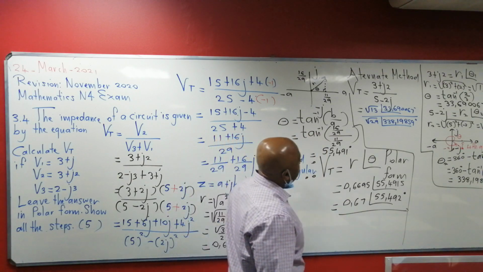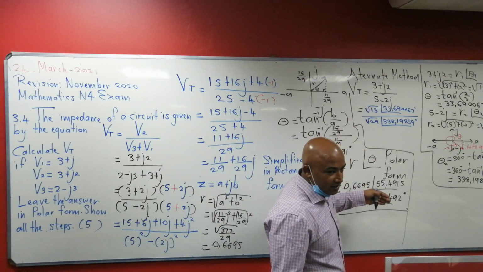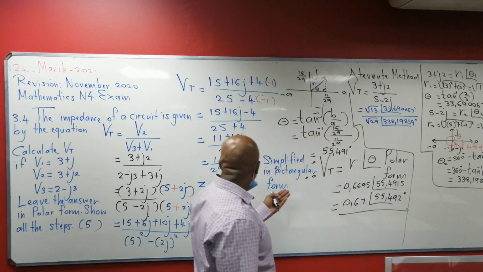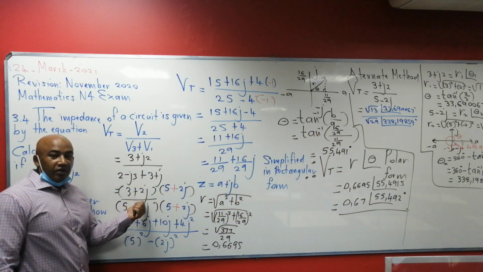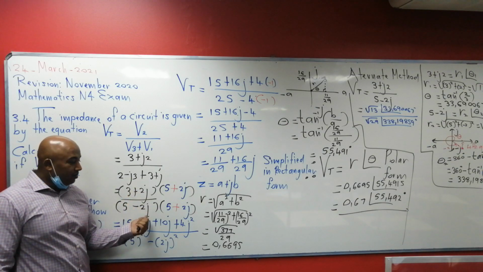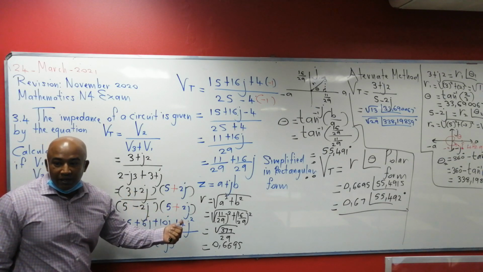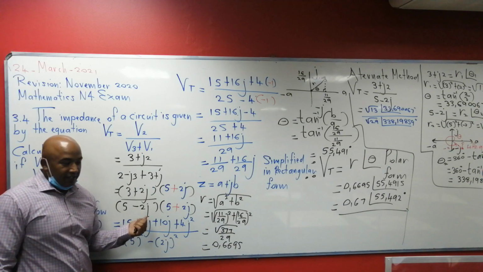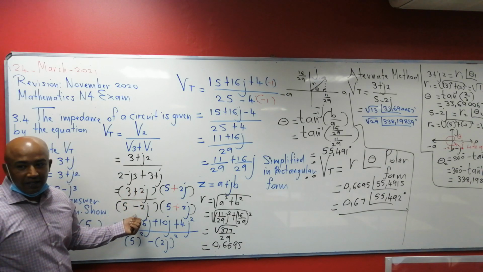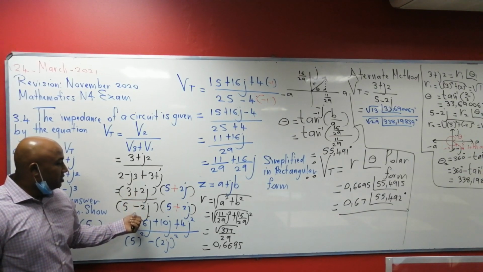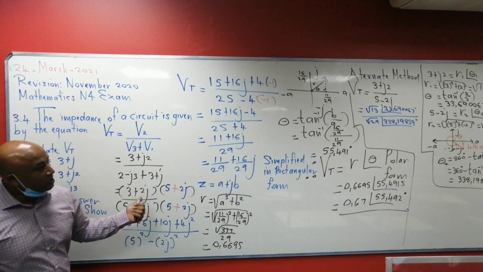Now we need to divide. So we had a problem here with division. In order to divide in rectangular form, we have to multiply by the conjugate. There's no direct rule that enables you to divide, so you have to multiply by the conjugate.